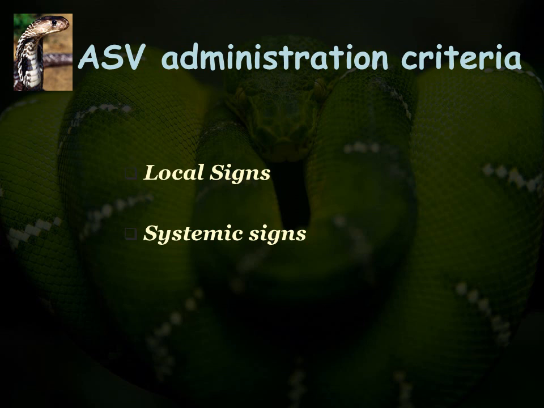So if we sum up these systemic signs, it includes the neurological signs and symptoms, the vasculotoxic signs and symptoms of different types of bleeding, and in some cases respiratory arrest, or what we have already described as unexplained hypotension or bradycardia, or unexplained vomiting and pain abdomen. So these are the areas where we can go for administration of anti-snake venom without taking further investigative procedures. Right at the beginning, we can go for anti-snake venom administration.